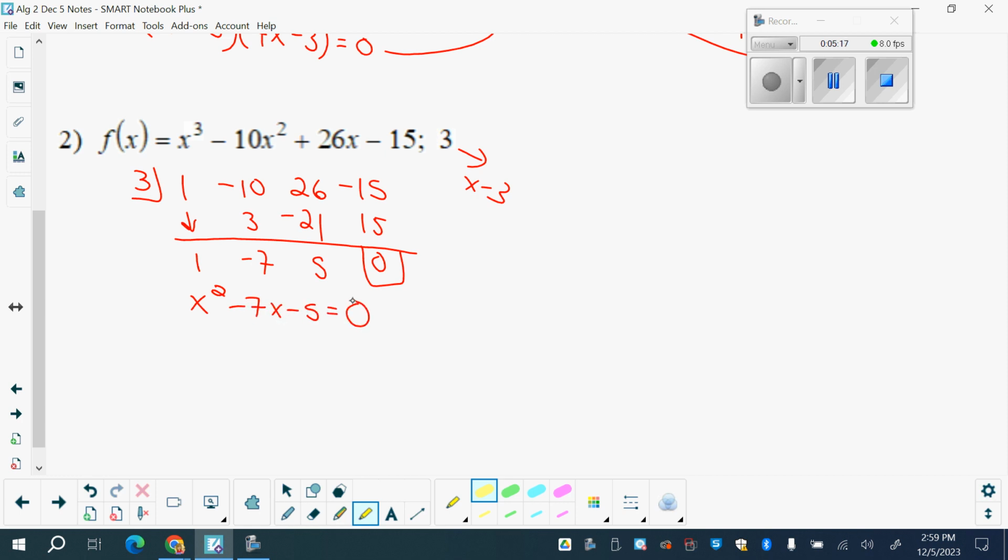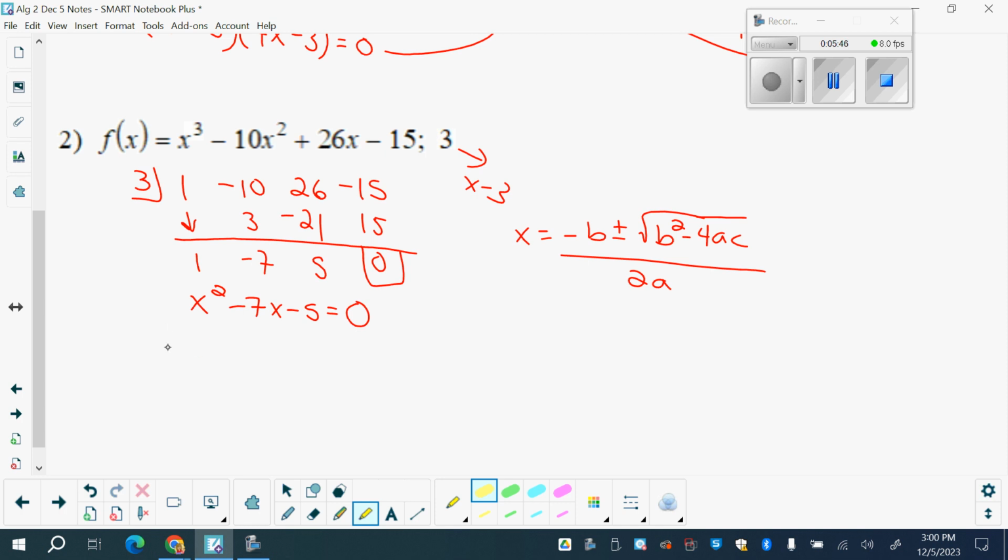And then what would we do next to solve that? Factor? Does it factor? It doesn't factor. So what do we do when it doesn't factor? Quadratic formula, very nice. Yes, so unfortunately we have to use quadratic formula, because not all equations will factor. Whenever it's a quadratic and it doesn't factor, we'll use the quadratic formula.